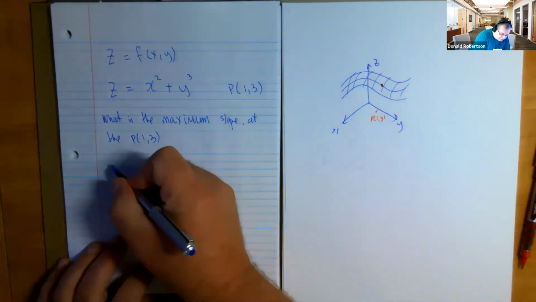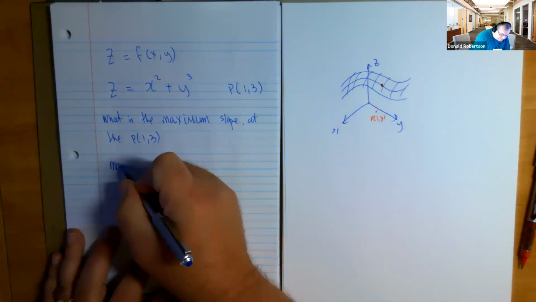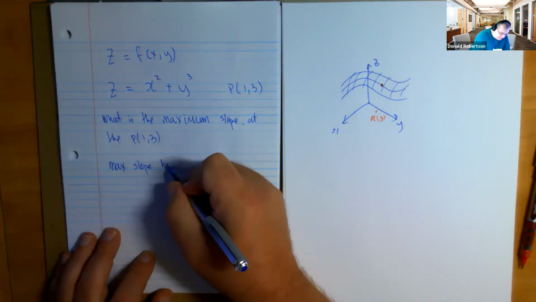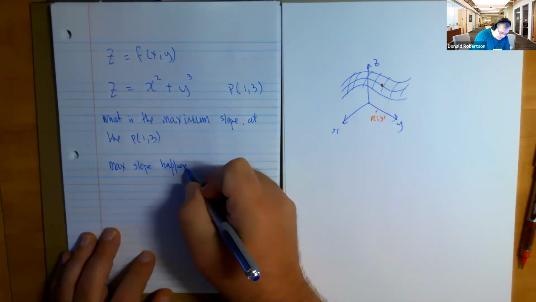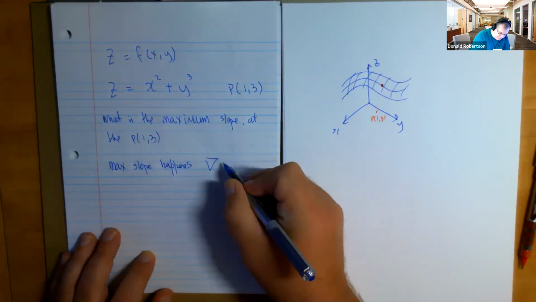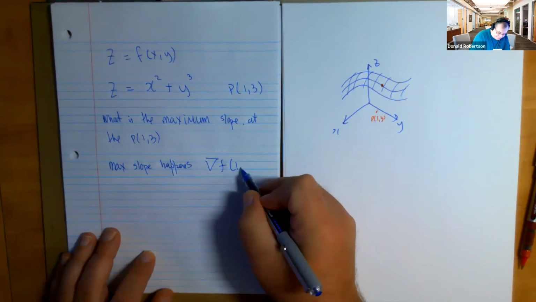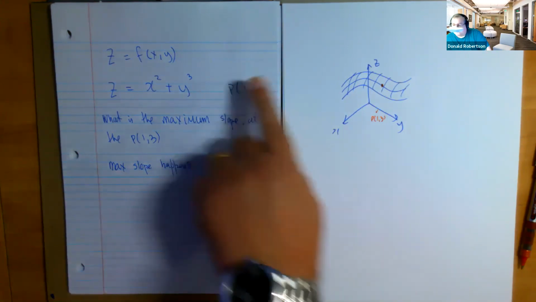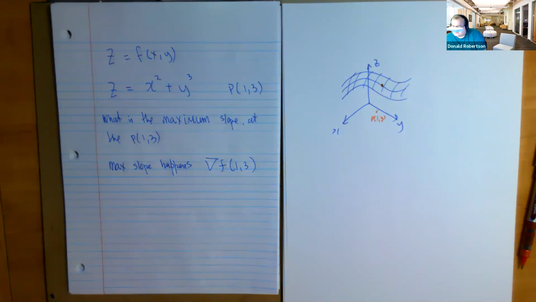And there's a very interesting property. The maximum slope will happen when you evaluate the gradient vector at the point (1, 3). You wouldn't have thought that, right?